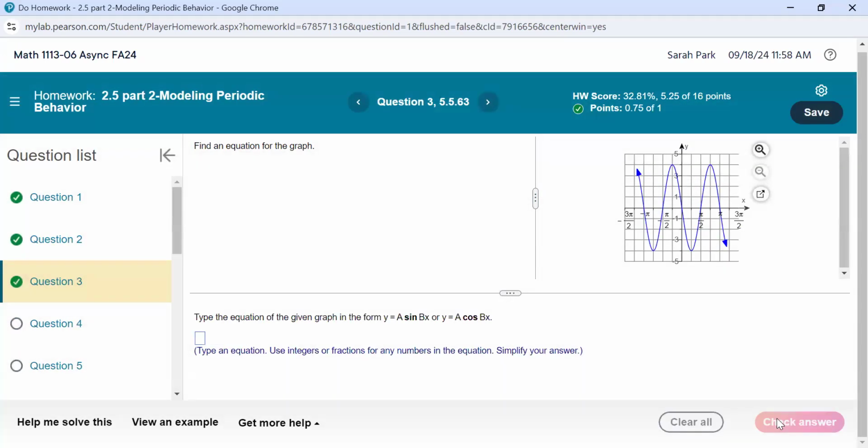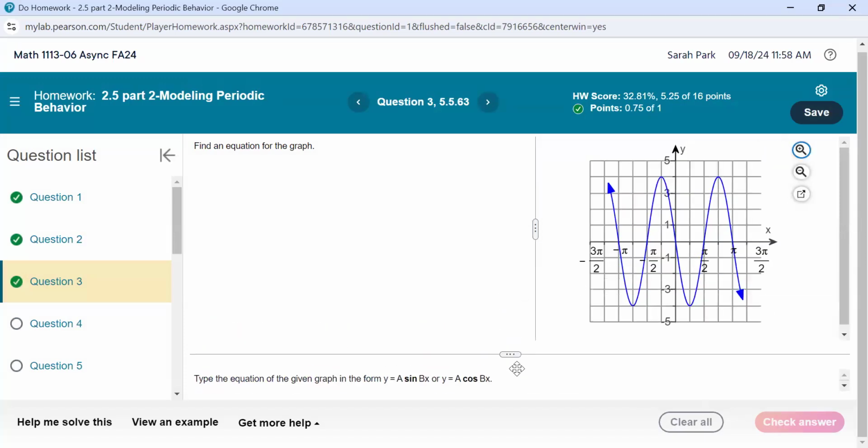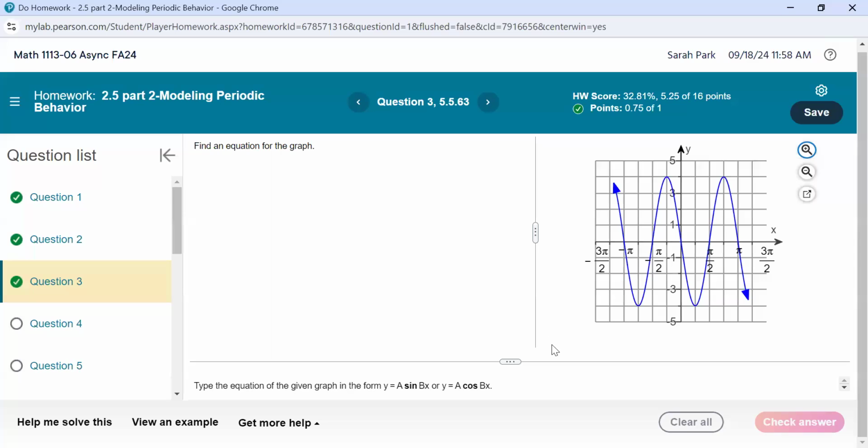I wonder if I do a similar question. Okay, here's one. I wanted one when there's a negative. So this goes through 0, 0. So I see it goes through 0, 0. So it's going to be a negative sine function. How I know it's negative is you can see it dips first, right?